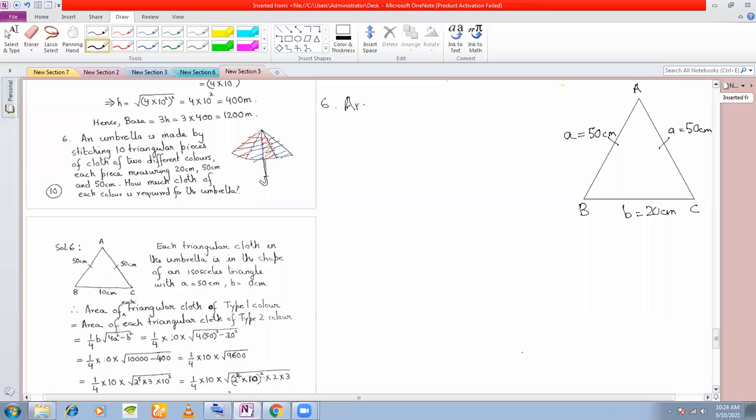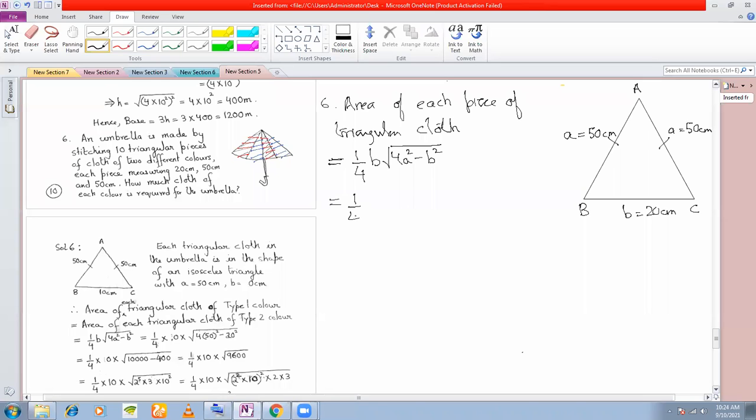The area of each triangular cloth is equal to, what was the formula? Half b root 4a square minus b square.